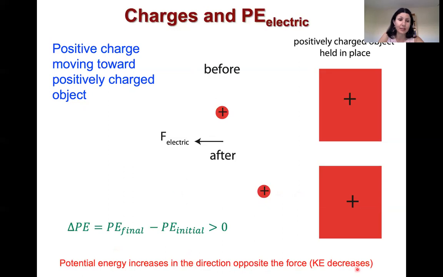And then, of course, kinetic energy would decrease. For example, if this charge was already moving, if you gave it a push towards the right, what would happen? Its potential energy would increase, but kinetic energy would decrease. It would slow down because it feels this repulsive force.